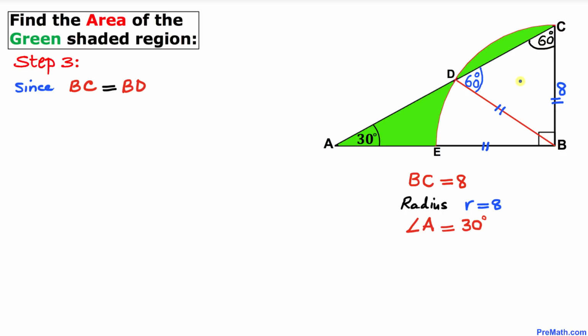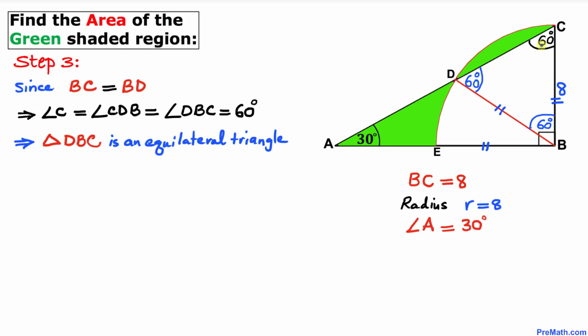Now we know that the sum of the angles in any triangle is 180 degrees, so angle DBC is going to be 60 degrees as well. Since all three angles are the same, we conclude that triangle DBC is an equilateral triangle. Therefore, all three sides, BD, BC, and CD, are equal in length.